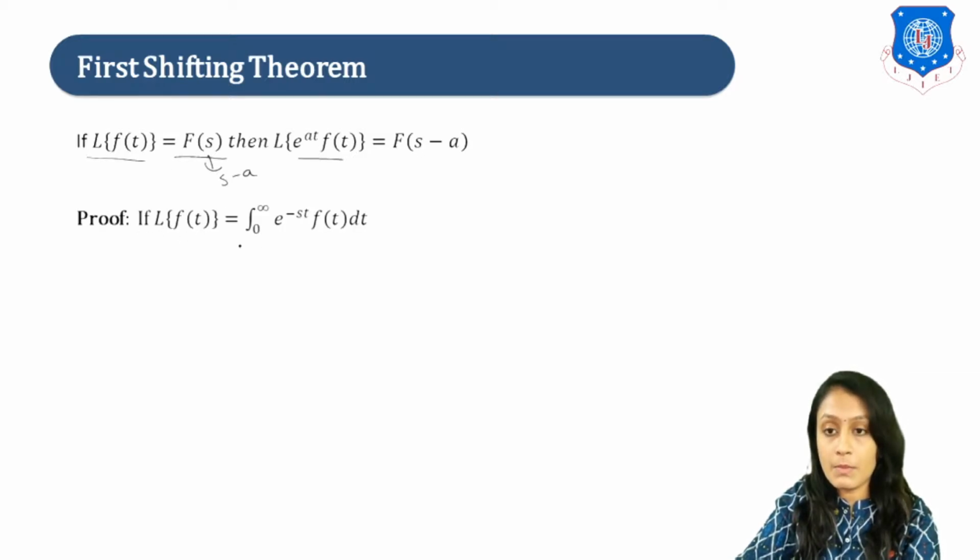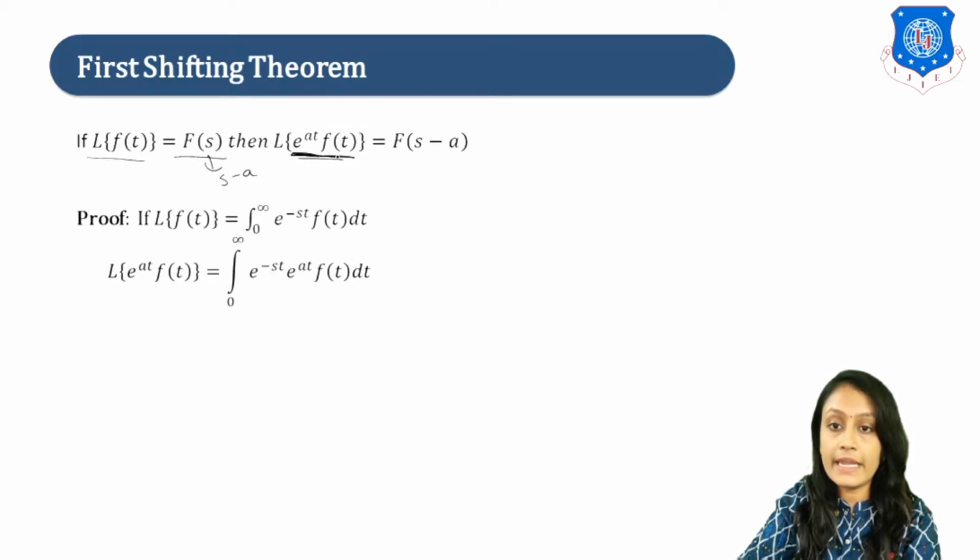So the Laplace transform of f(t) is the integration from 0 to infinity of e raised to minus st f(t) dt. This is the main formula. Now we have to find the Laplace transform of e raised to at f(t). So we will write the Laplace transform of e raised to at f(t) is equal to the integration from 0 to infinity of e raised to minus st as it is, and in place of f(t) we will write e raised to at f(t) dt.